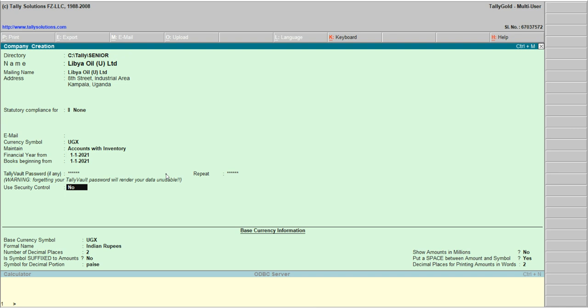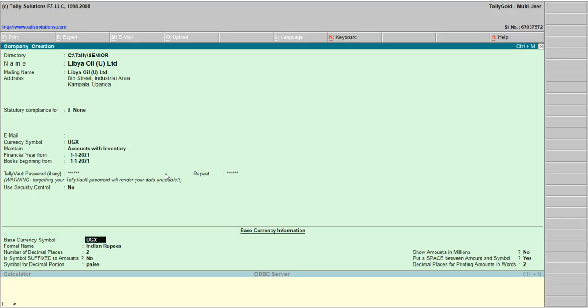Then from there, of course, we move to the base currency. Base currency information. I've entered the date. So security, use security control.